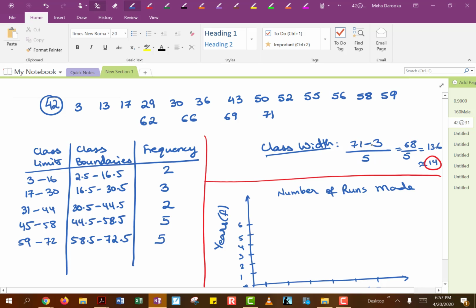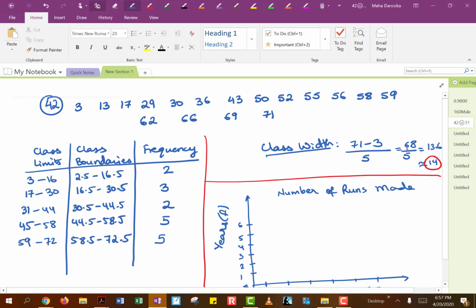You will notice I also went ahead and calculated my class width, because the first thing we are doing is constructing our frequency distribution, and we're going to draw our histogram. So class width would be taking the largest data value and subtracting the smallest one from it. So 71 minus 3 gives us 68.